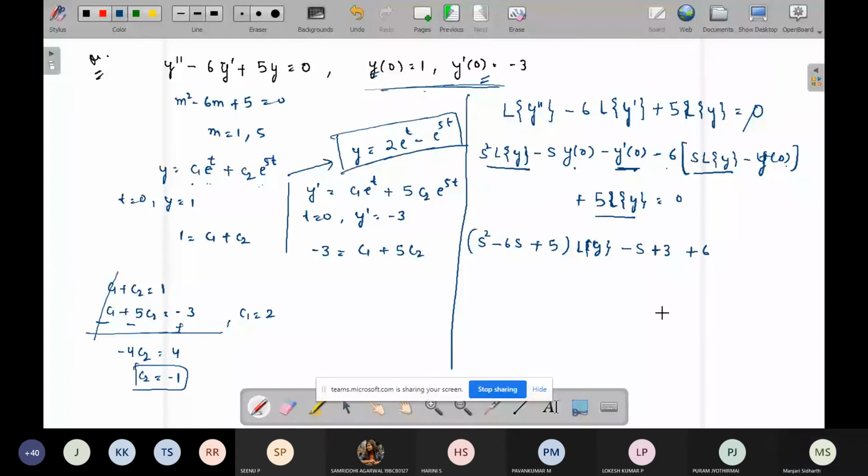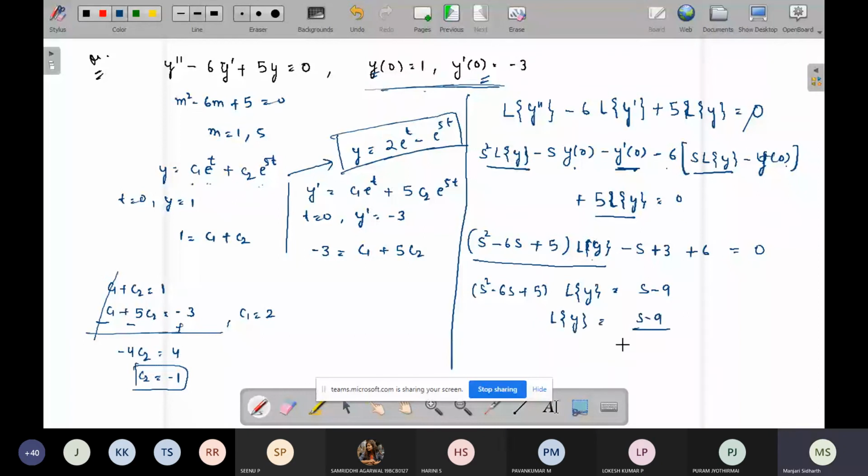Now each term we have considered is equal to 0. So except this term, Laplace transformation of y, take every term into the RHS. So s minus 9.